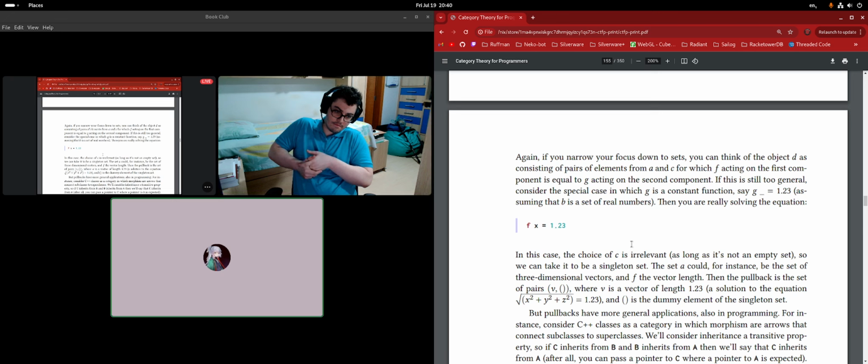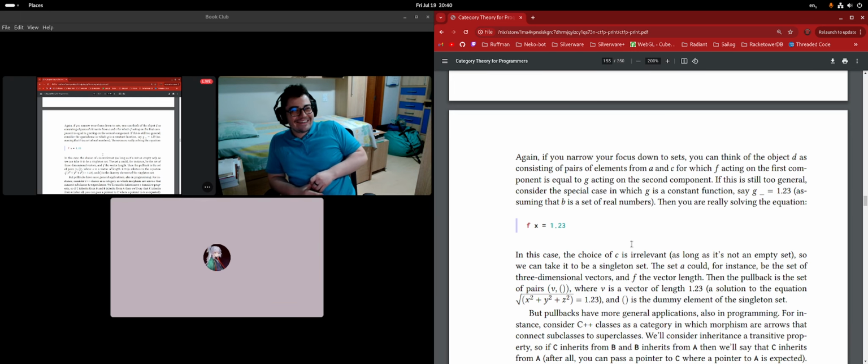Evil square roots, but okay. Because of the diagram, you have this equation which tells you that the square root of the squares of the components needs to be equal to the output of G applied to the unit. So there's only one possible value, which we just established is 1.